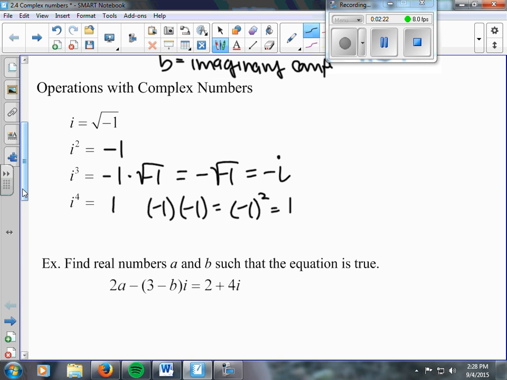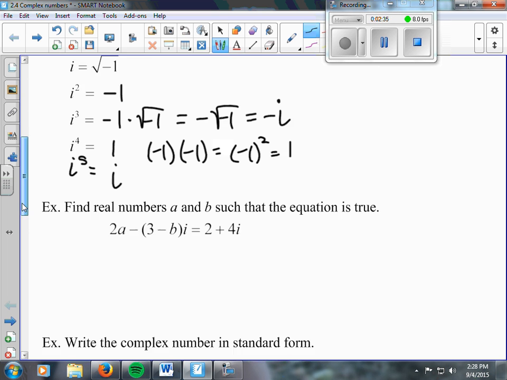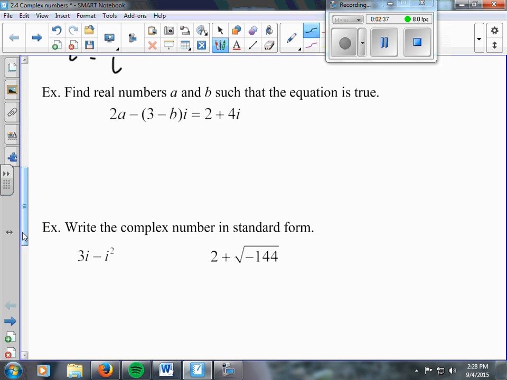Okay, so those are four basic powers, and then we cycle through these, because i to the fifth is going to be i again. That's i times i to the fourth, so 1 times i is i. All right, so we have a couple of examples we're going to run through. It should be review. When two complex numbers are equal, their real parts are equal, and their imaginary parts are equal.